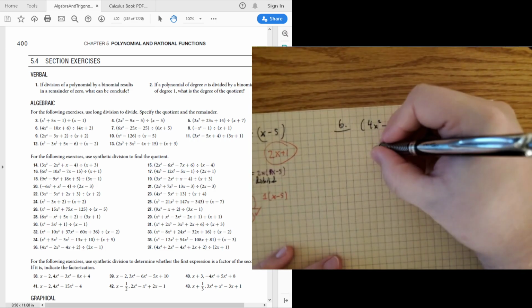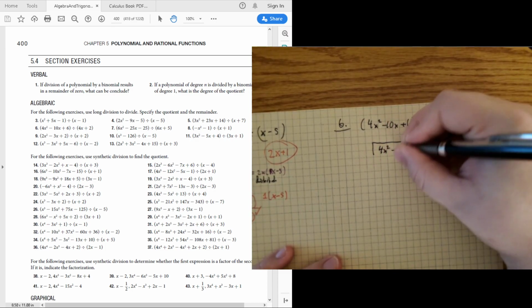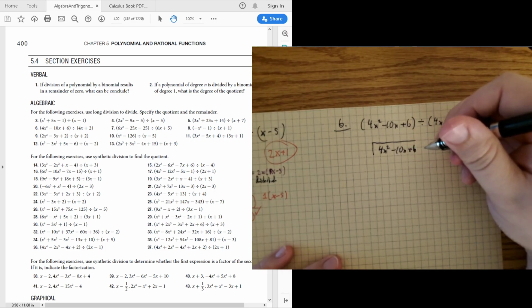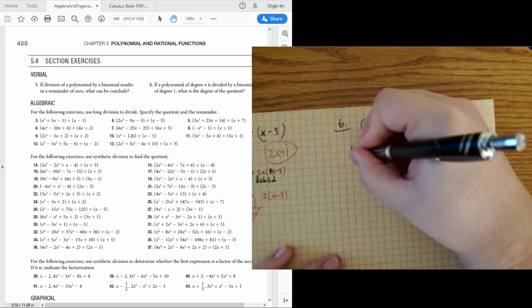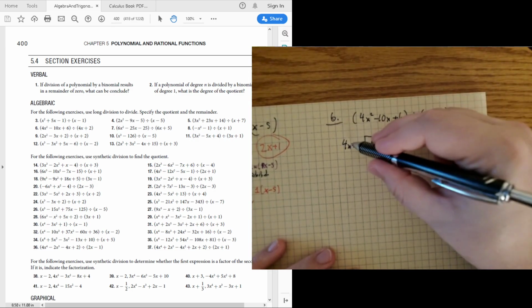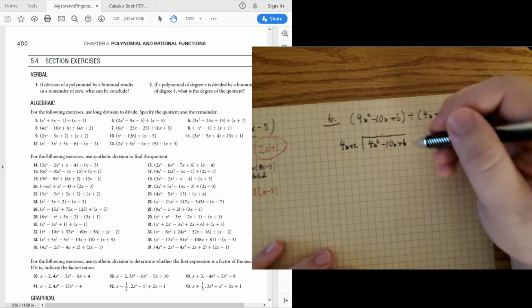Okay, just like before. 4x squared minus 10x plus 6 is the dividend. 4x plus 2 is the divisor. My goal is we're going to multiply numbers to the divisor until we match what's inside the dividend.